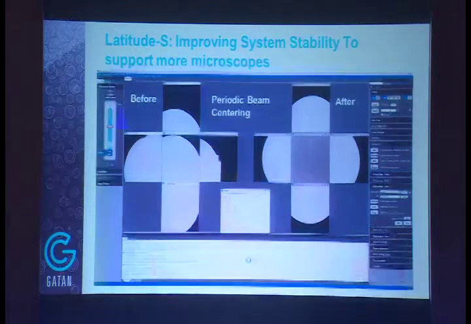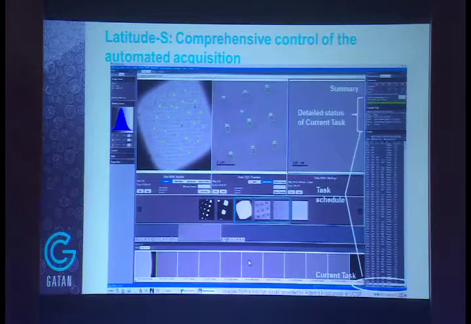Okay, so getting into the nuts and bolts of it a little bit here. Latitude software is really about automating the single particle workflow. And you can see that we have a set of icons here which represent the different magnifications which you have for collecting data. So we have the lowest magnification image here, we have intermediate, we have our grid magnification, we have our hole magnification, and we have data collection here.